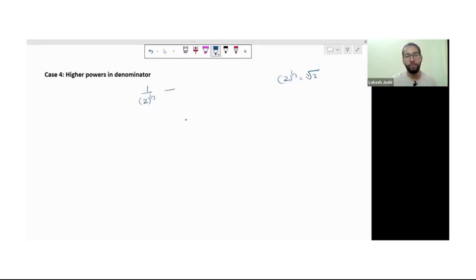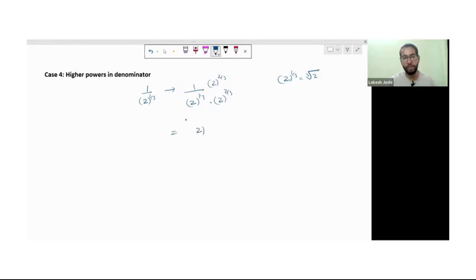So what can we do? We will write 1 by 2 to the power 1 by 3 as it is. Now we have to make the power of the denominator 1. So we will multiply 2 to the power 2 by 3 in numerator and denominator.